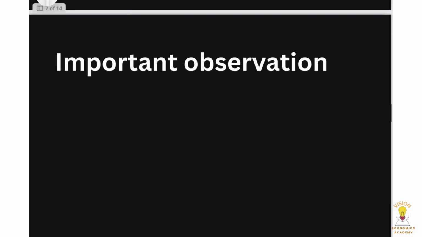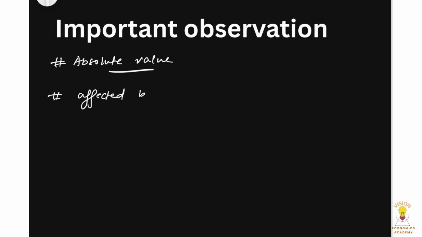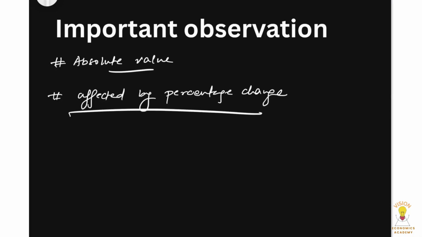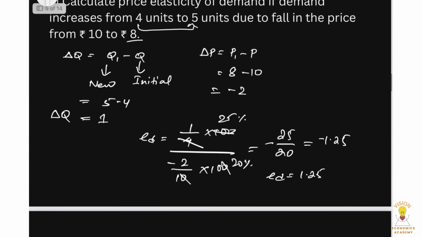First of all, we only take the absolute value. The second is elasticity is affected by percentage change. So these are the two important observations that we can observe from these two examples.